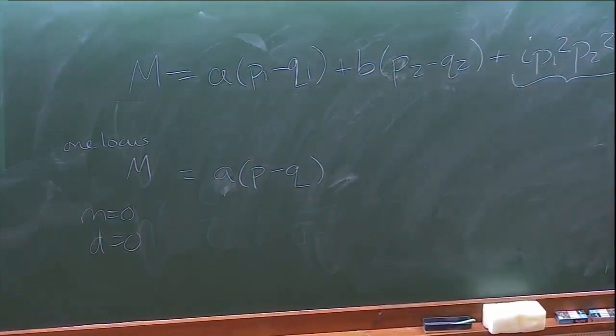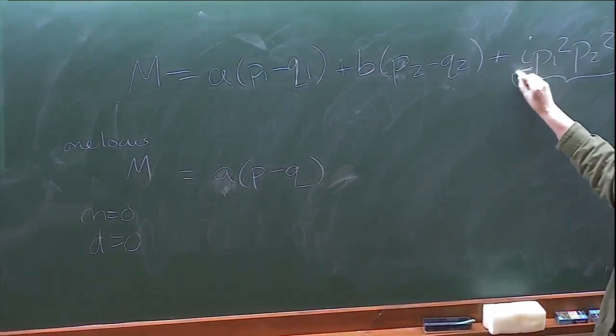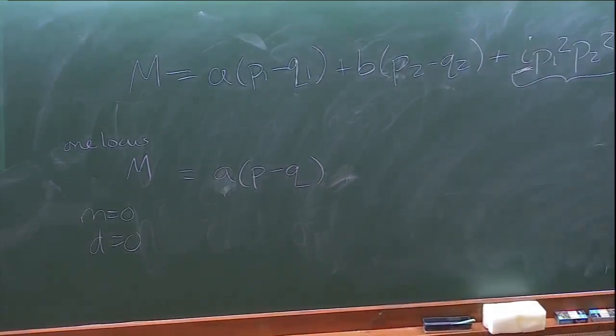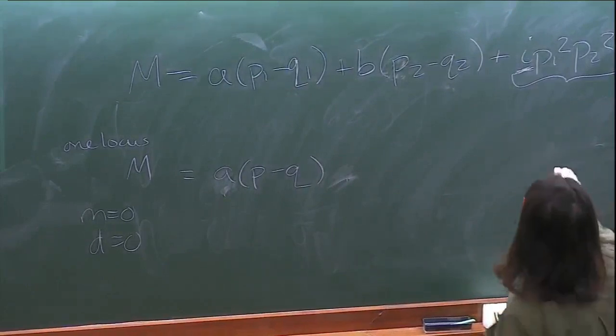So when you calculate the variance components for this case, you end up with a term that has I and allele frequencies, a variance term. I'm not going to go through it.